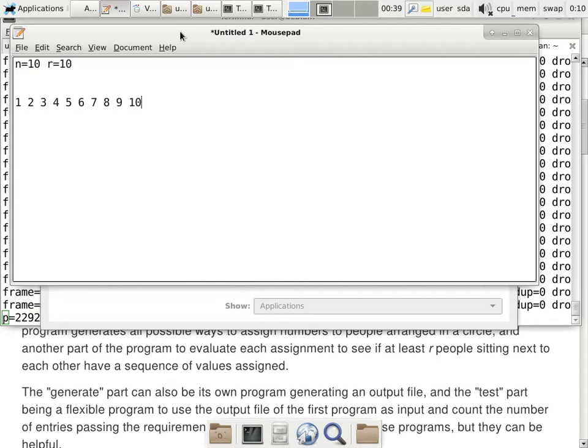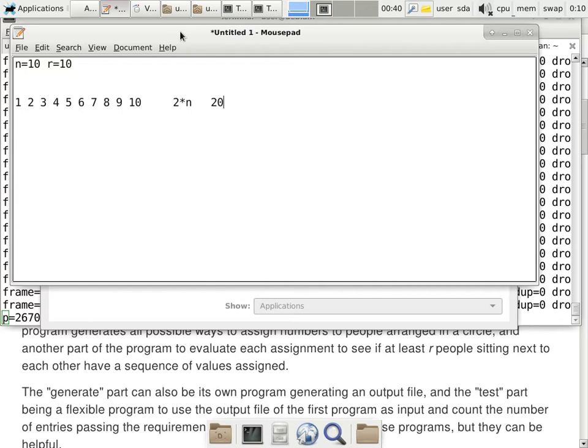So you have basically 20. That's how we come up with the idea that maybe we have 2 times n ways of arranging these things. In this case, we have 20 ways of assigning numbers in 10 slots in a circle that will have at least 10 numbers in sequence. That's an easy one.